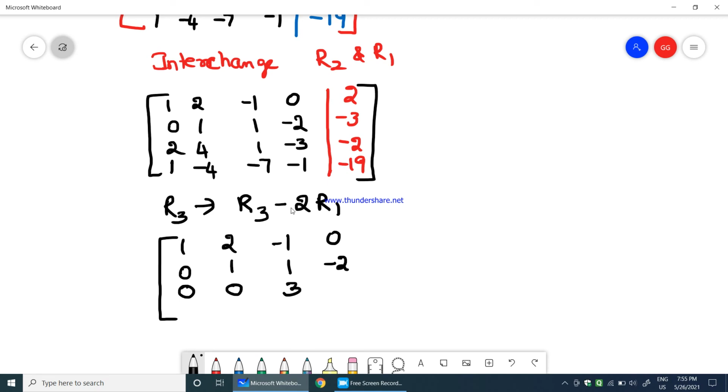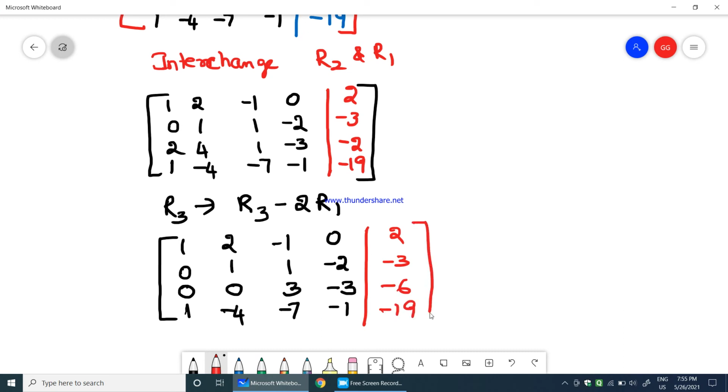So it is 1 minus 2 into minus 1, so 1 plus 2 is 3. Then we have minus 3 minus 0, so it remains minus 3. And this is 1 minus 4 minus 7 minus 1, I'll write as it is. And then I'll have 2 minus 3. So here minus 2 minus 2 into 2. So minus 2 minus 4 is minus 6. And this is minus 19.